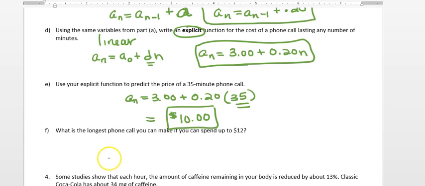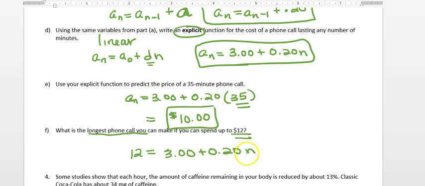Now in F, it says what's the longest phone call you can make if you have $12 to spend. So what we're doing in this problem here is our A sub n is actually going to be our $12, the amount that we spend, and we are going to solve for n, our number of minutes.